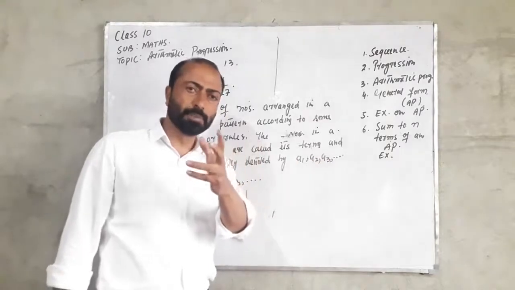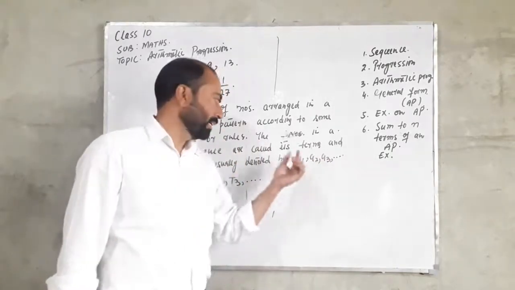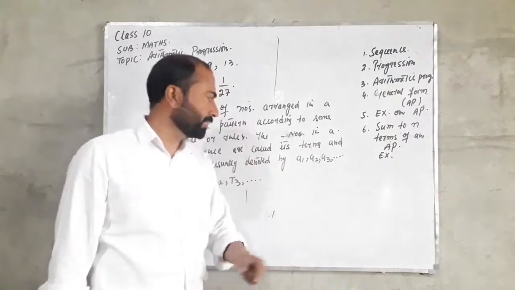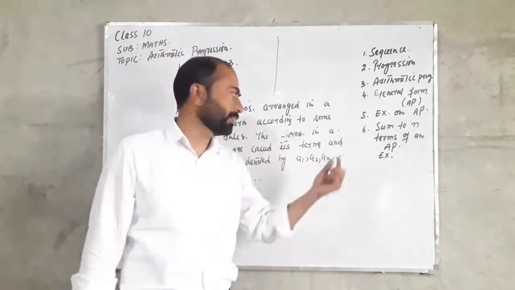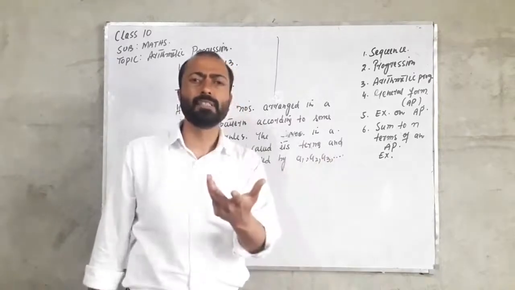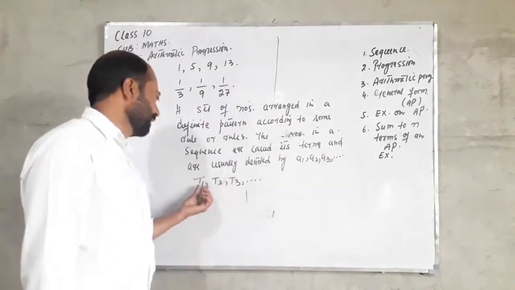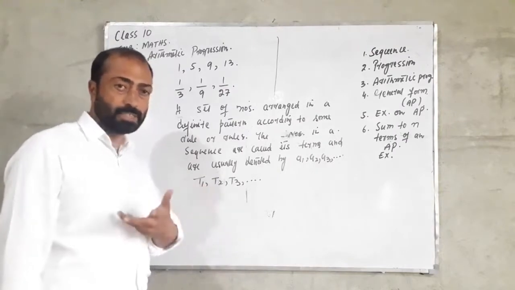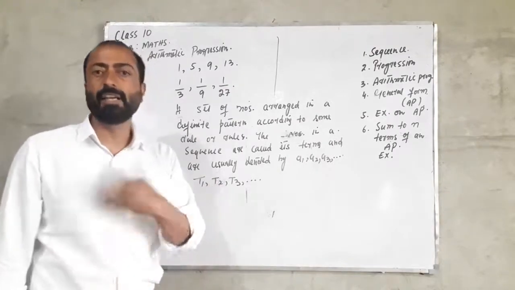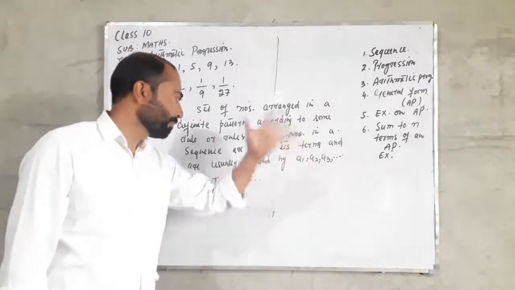These denote the position of a term. A1 means the first term of the sequence. Then you have here A2, it denotes the second term of the sequence. Similarly, A3 denotes the third term. And T1 denotes the position too. So T1 is the first term, T2 is the second term, and T3 is the third term.